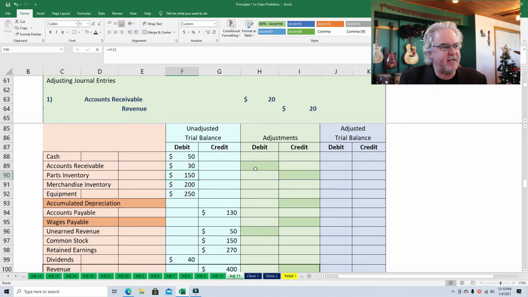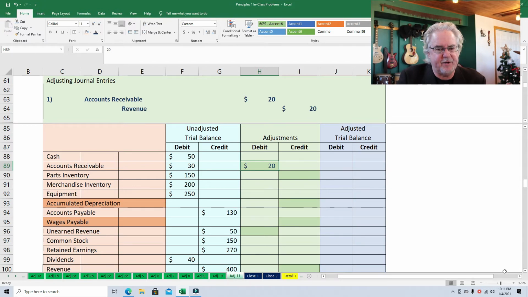And so what we're going to do is take these adjusting entries, like this first one, and put them in their appropriate places. And to help out a little bit, I highlighted them in dark green here so you know where they're going to go. So the first one here is accounts receivable, a debit for 20. So let's put it here as a debit for 20. And revenue, we have a credit for 20.